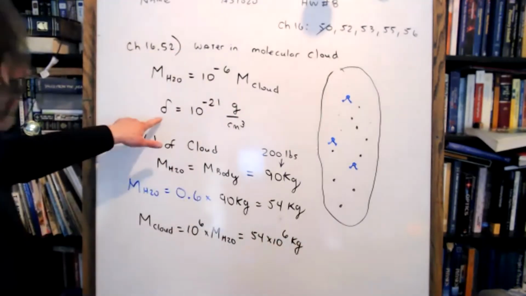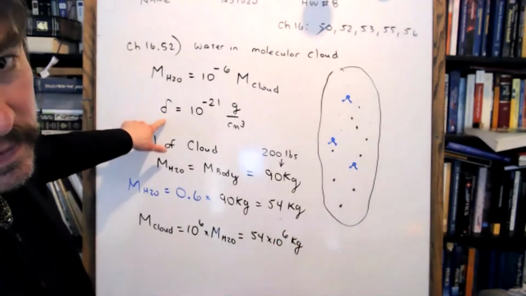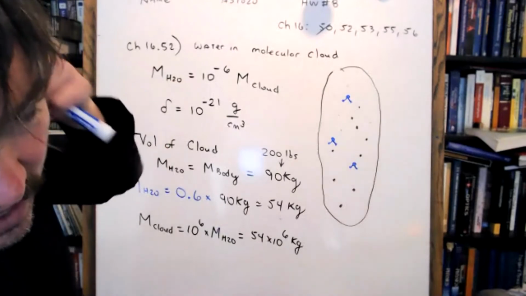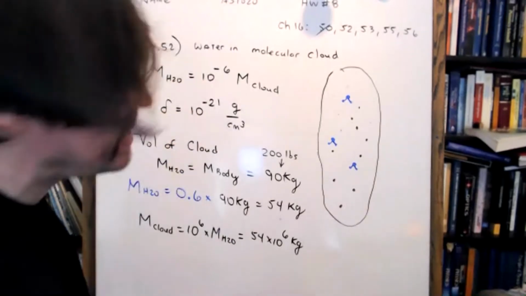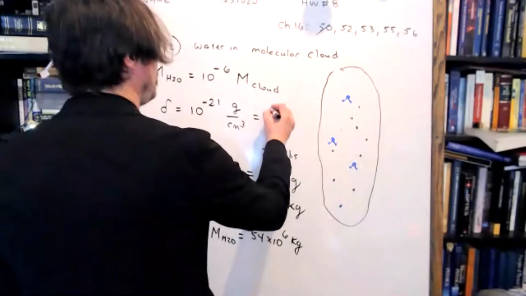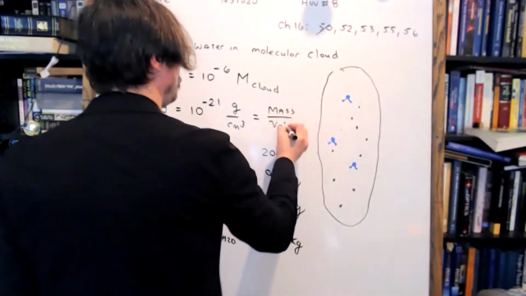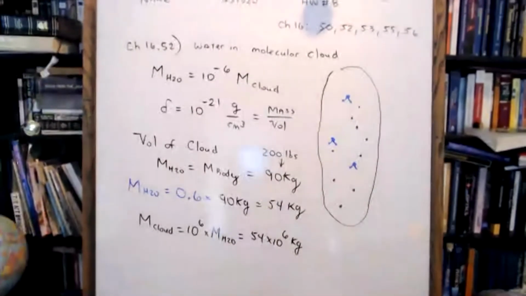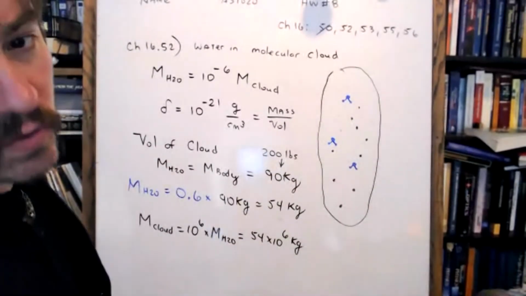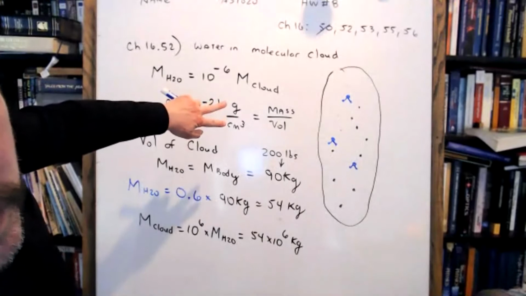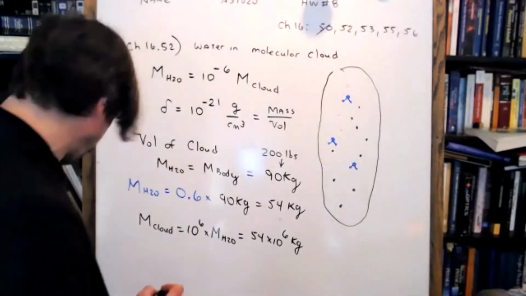Now, we can relate the mass of the cloud to the volume through the density, because density is mass divided by volume. So we need to convert from kilograms to grams.